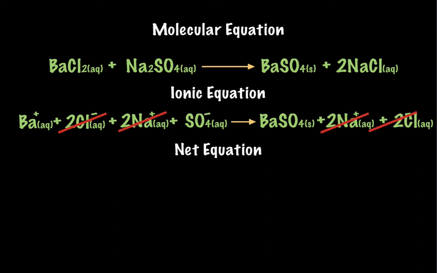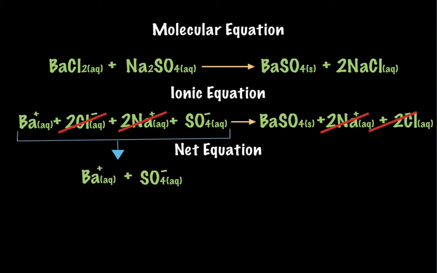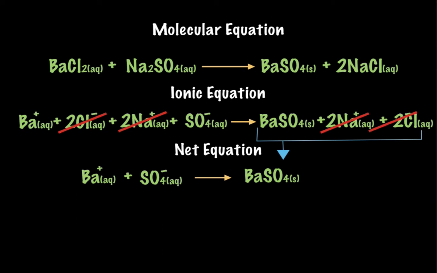Now this will help me write my new net equation. So if I look at my reactant side, which are the two species that change state? Barium and sulfate, right? And then I have a reaction that occurs, and on my product side, the only species that changes state from the reactant to product is barium sulfate, and that is my precipitate, that is my solid, okay?